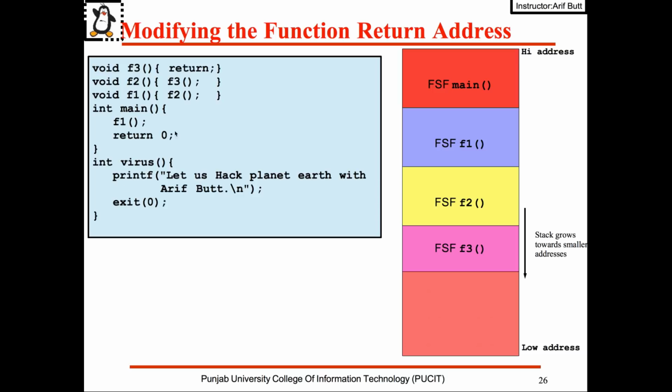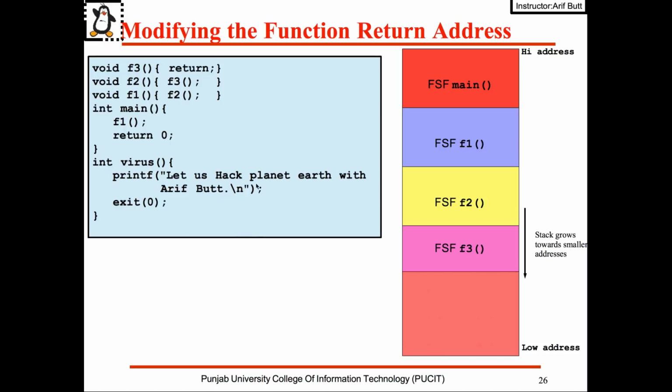Consider this piece of code in which the main function is calling function f1. The function f1 is calling function f2. The function f2 is calling function f3, and this function f3 is returning. Over here as well, you can see the activation records of all the four functions on the process stack: function stack frame of main, then f1, then f2, and then f3.